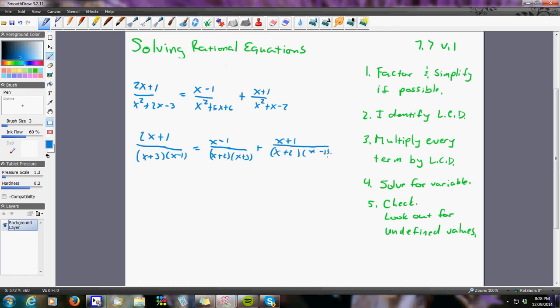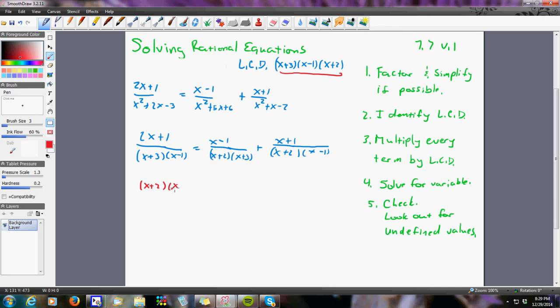I was hoping that something was going to cancel out. It doesn't. So my lowest common denominator is going to be, let's see, I have an x plus 3, an x minus 1, and x plus 2. So this one needs the x plus 2. So what I'm going to do is multiply each term by that.